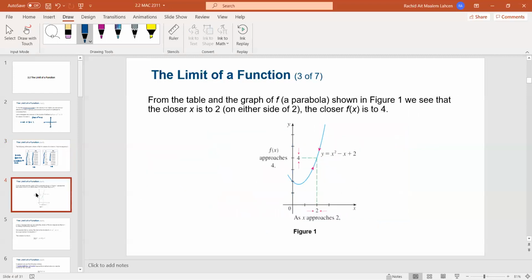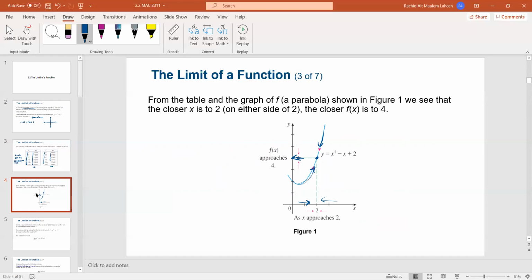As I mentioned, if you look at the graph, x is the horizontal axis, you pick the values, and you trace over the function as we go this way. Where is it going? Towards 4. And from the other side, it's coming down, and they all go towards the value 4.